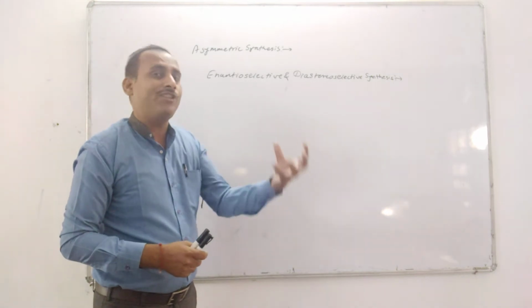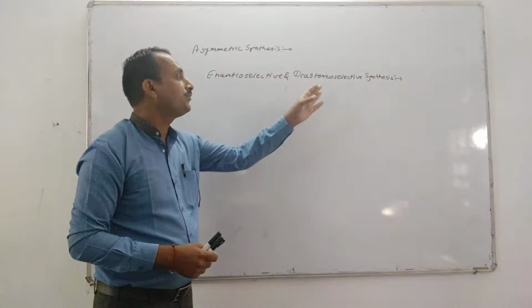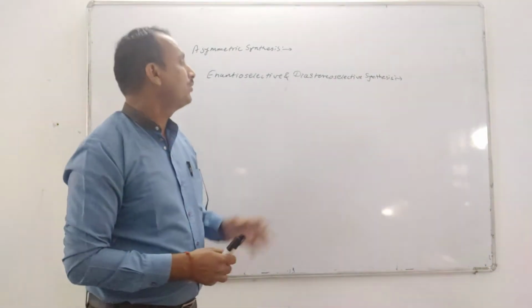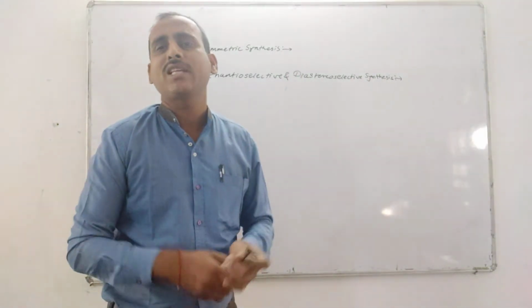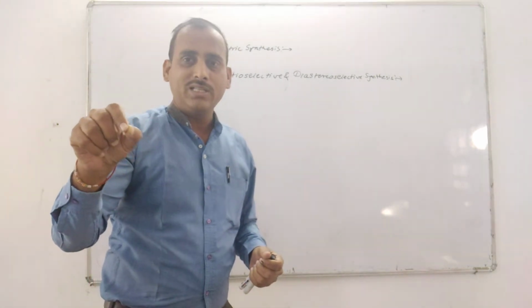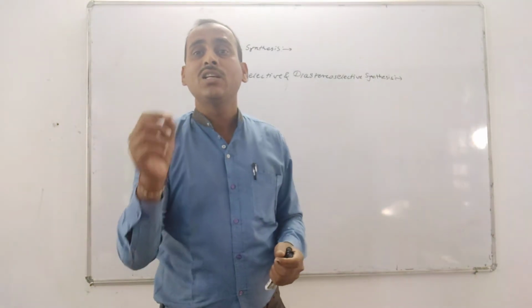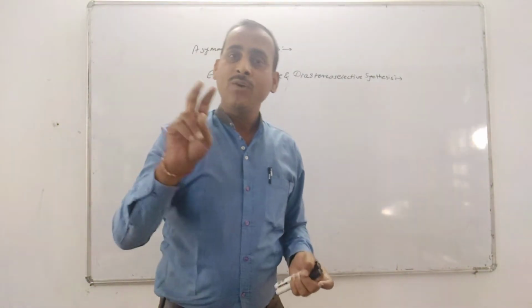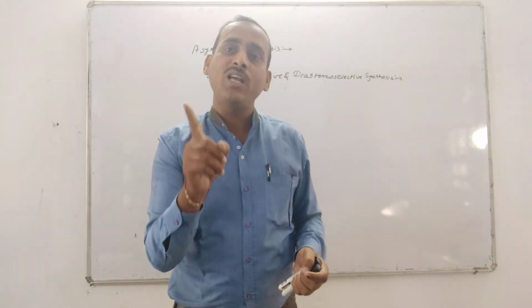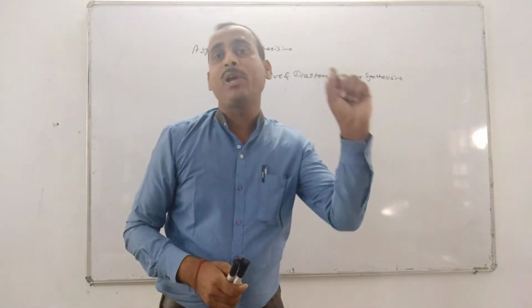Now stereoselective reactions are of two types: enantioselective reactions and diastereoselective reactions or synthesis. Another type of asymmetric synthesis is the stereospecific. In stereospecific, only one isomer is obtained as a major product.